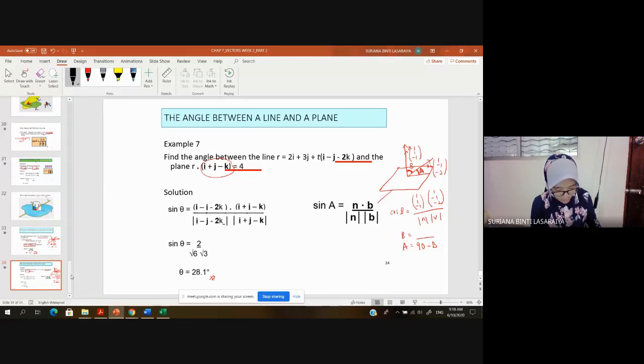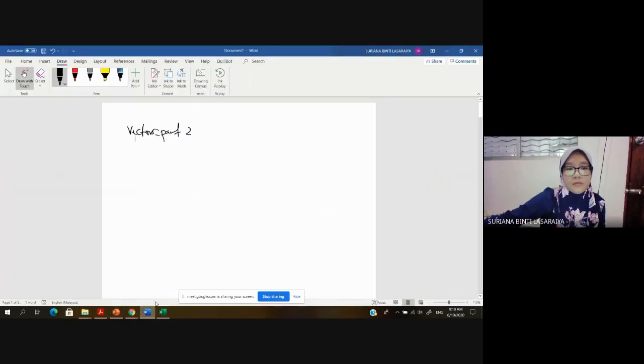Ini one of your friend ask me lah through WhatsApp. So, bolehlah kita share kan dia punya soalan ini. Okay. Boleh nampak Microsoft Word? Sudah?